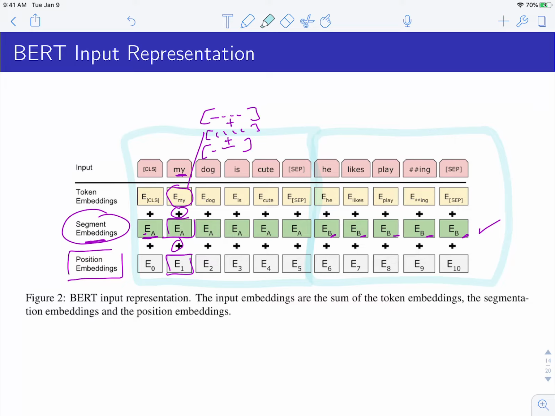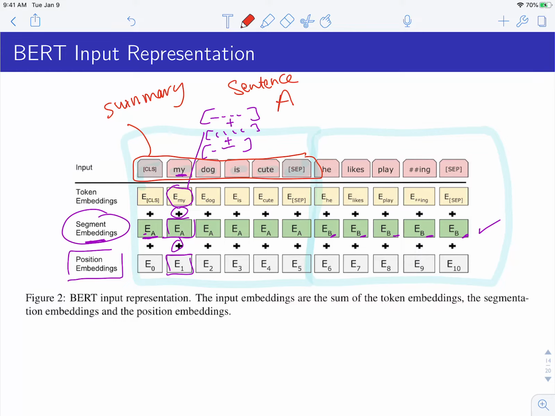The first sentence is "my dog is cute." Because we have two sentences and we want to separate them, we put this separator here. And then we talked about the CLS token, an artificial token that we put here such that we will learn it, and it will be a summary of this whole first sentence.